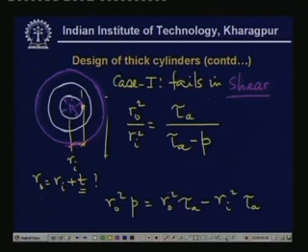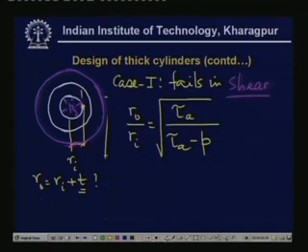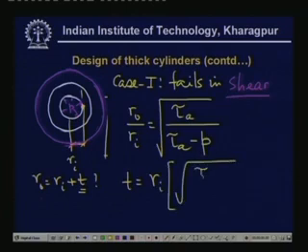Then again it is a routine matter, we just make Ro by Ri equal to the square root of that, and we use the expression Ro is Ri plus T. Then ultimately what we get is the same result, that is T will be equal to Ri times the square root of tau allowable divided by tau allowable minus P, minus 1.